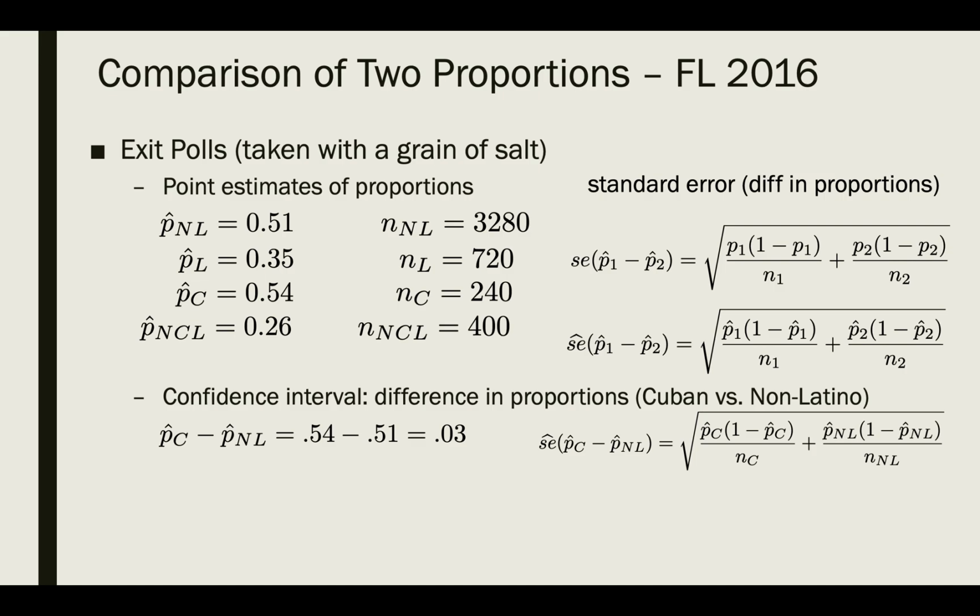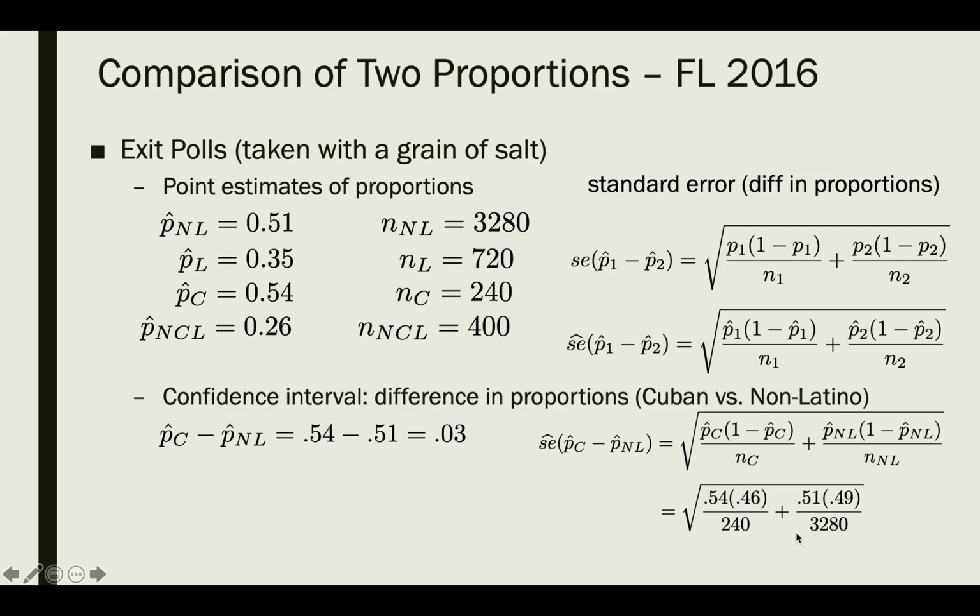So the standard error of the difference in these two proportions is calculated the same way as before. Numbers slightly different though, right? So the first piece is the same because it's still just based on the proportion of Cuban Floridians voting for Trump.